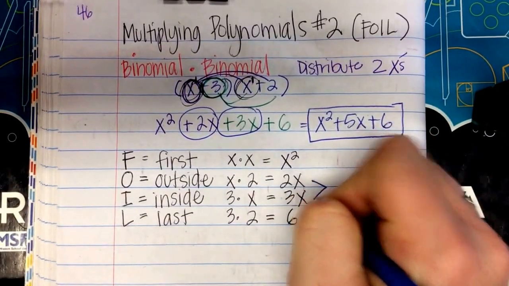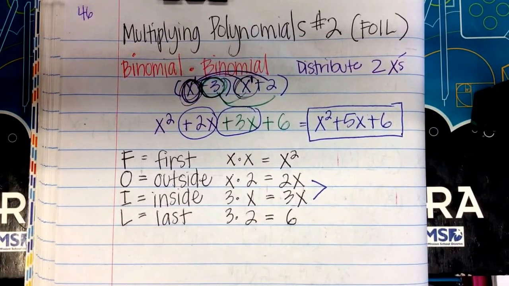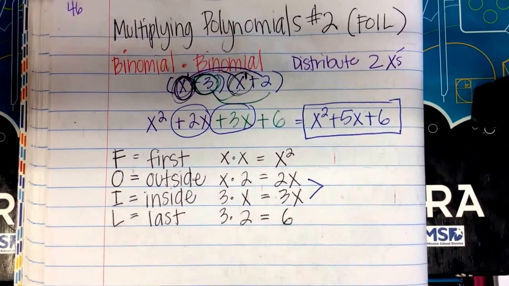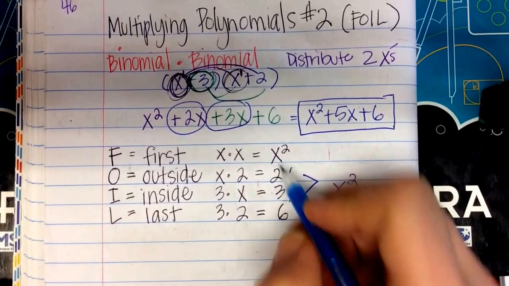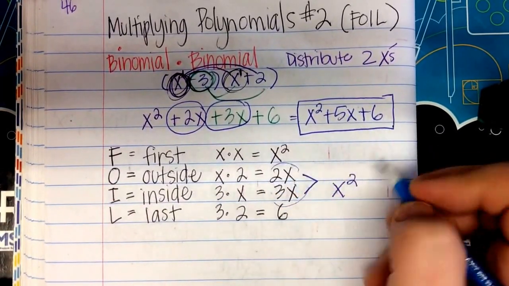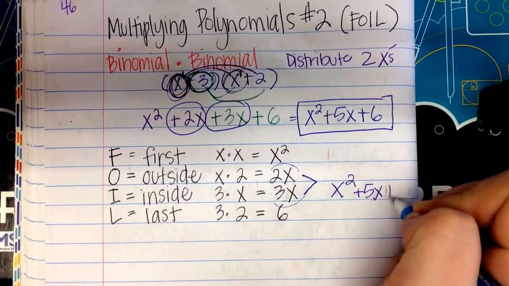Your outside and your inside, 90% of the time, 99% of the time, are going to combine. So my final answer is x squared, 2x and 3x make 5x plus 6.